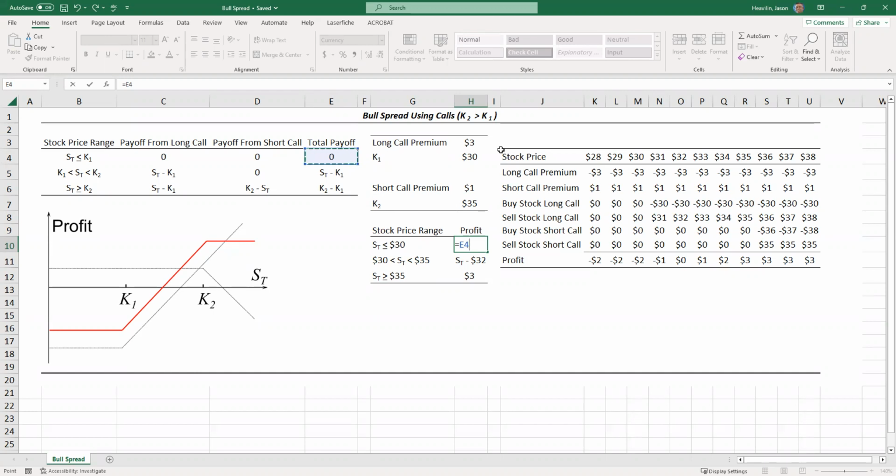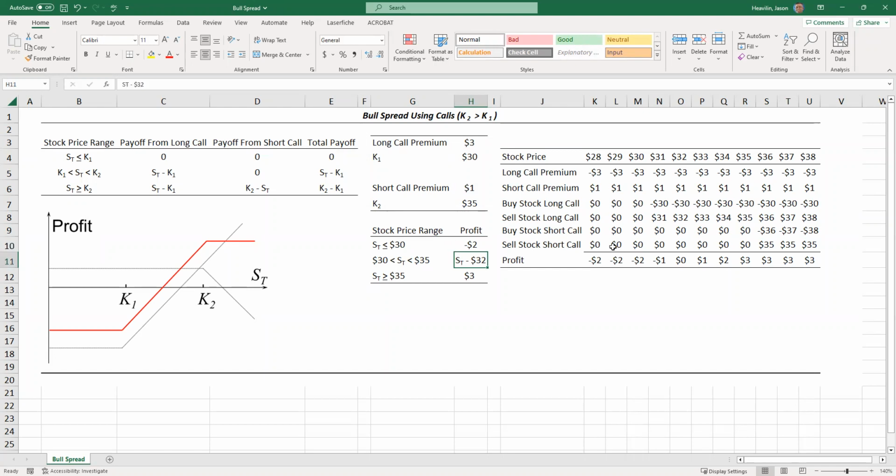You purchased a long call, so you're in the long position. That means you paid $3, so I'm going to subtract $3. That's a cash outflow because you paid those $3. Plus the $1 you received for selling the call option. When you short the call, you're selling it, so $1 came in. So when you take the total payoff of 0 and take into account the cash flows of the premiums, you end up with negative $2.